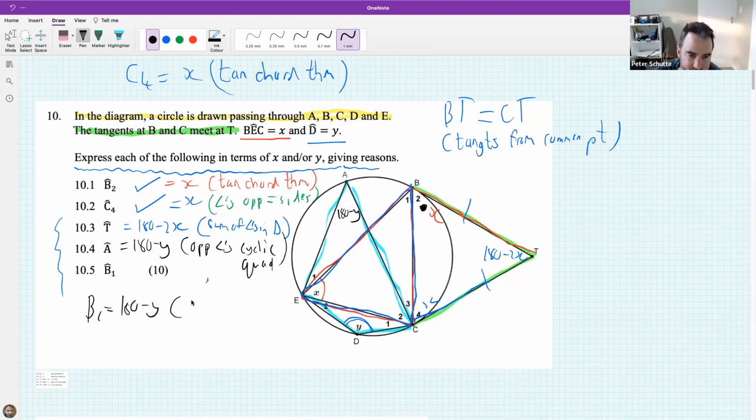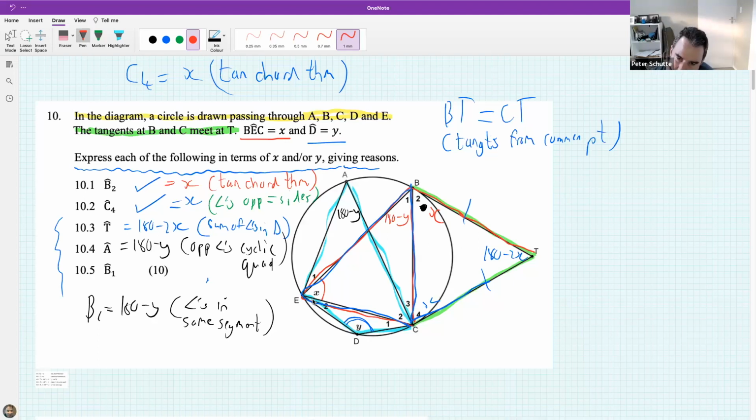And the reason is going to be angles in the same segment. And so we know that this one over here would be that. Okay, awesome. Can you use the same reason as for A?